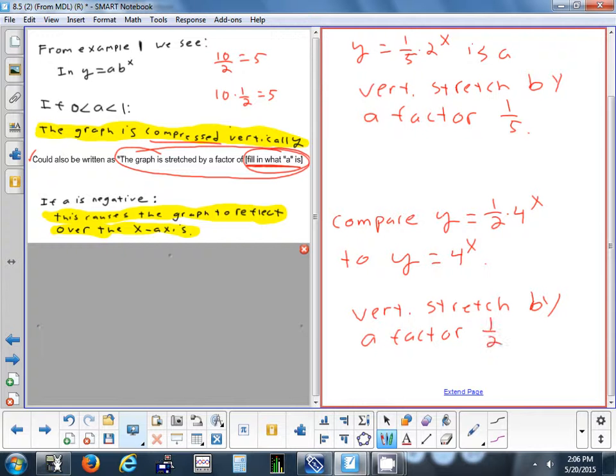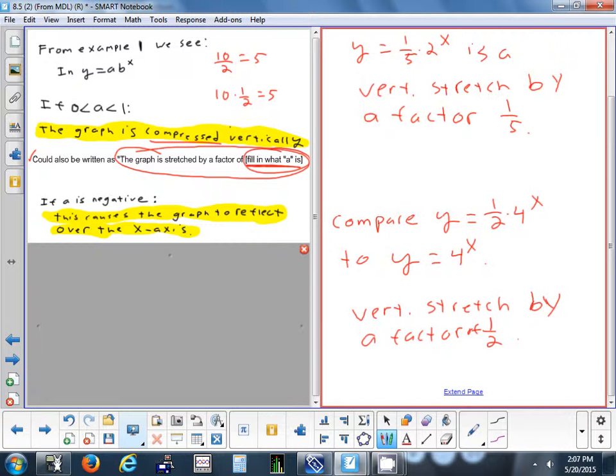By 1/2. Now I want you to remember what really happens when you stretch by a half. The graph really gets what? Compresses. Okay, I'm not going to have you write that because I think it's going to get too confusing. Just write it this way: vertical stretch by a factor of, and then just stick in the number that's right after the y equals.